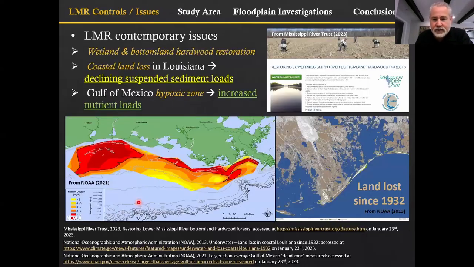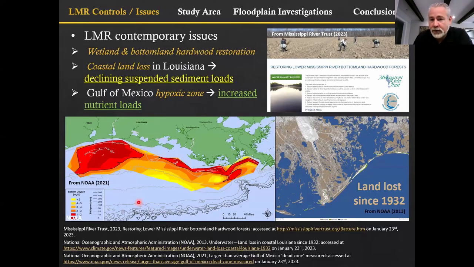So we're seeing problems with flooding down at Natchez, and there are also other contemporary problems that many of you are aware of with lower Mississippi River discharges and sediment. That includes documented declining suspended sediment loads in the lower Mississippi River as a result of upstream dams and regulations along some of the major tributaries.